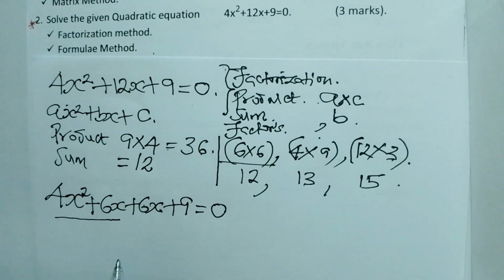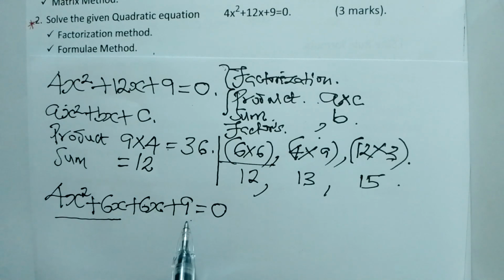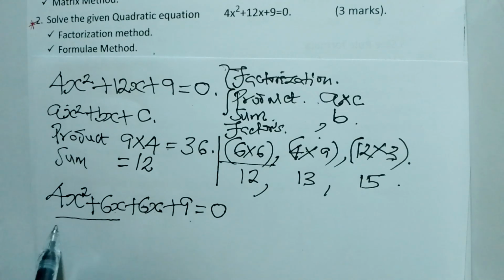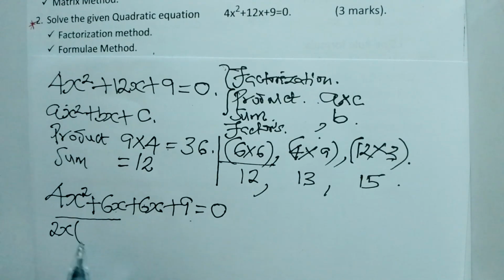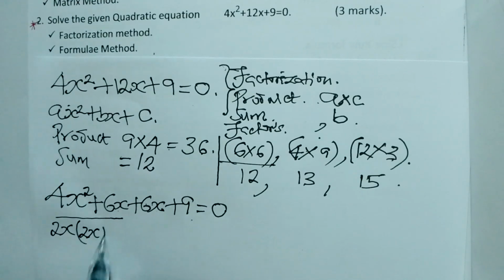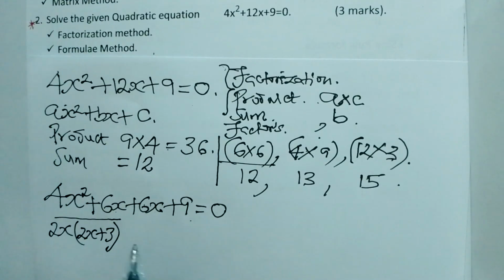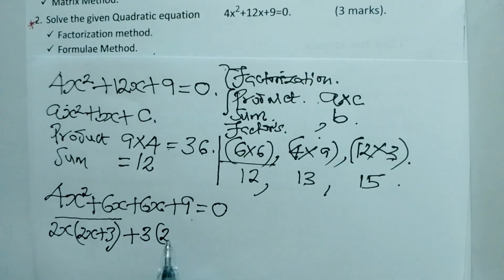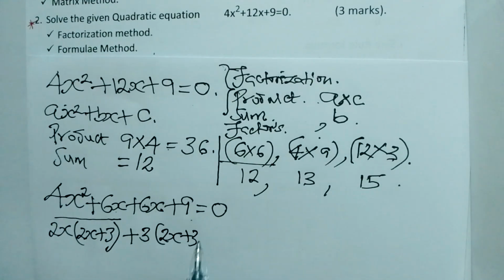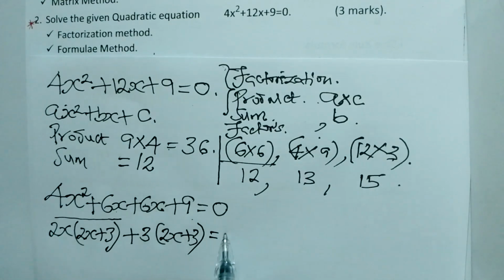We take the first two terms and the second two, and factorize them separately. What is common here? We get 2x multiplied by 2x plus 3, plus what is common between 6 and 9, 3 multiplied by 2x plus 3, to be equal to 0.